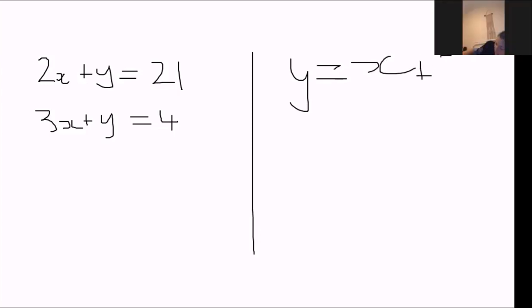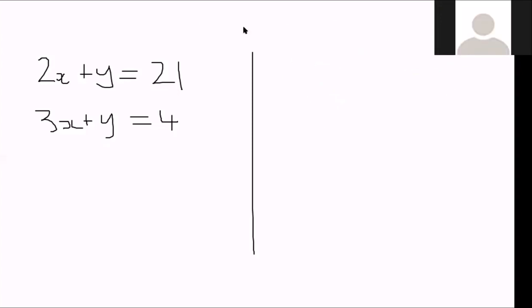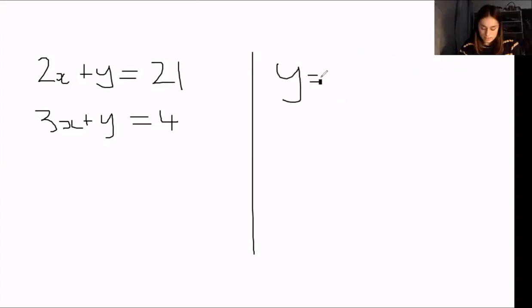Seven minus 15? Yep. And then 2x equals negative 8? Yeah. 2x equals negative 8.